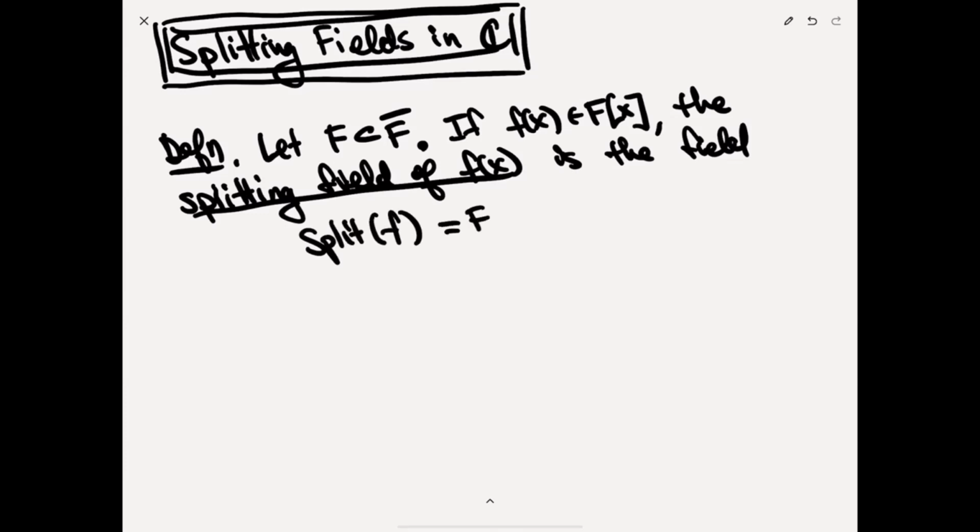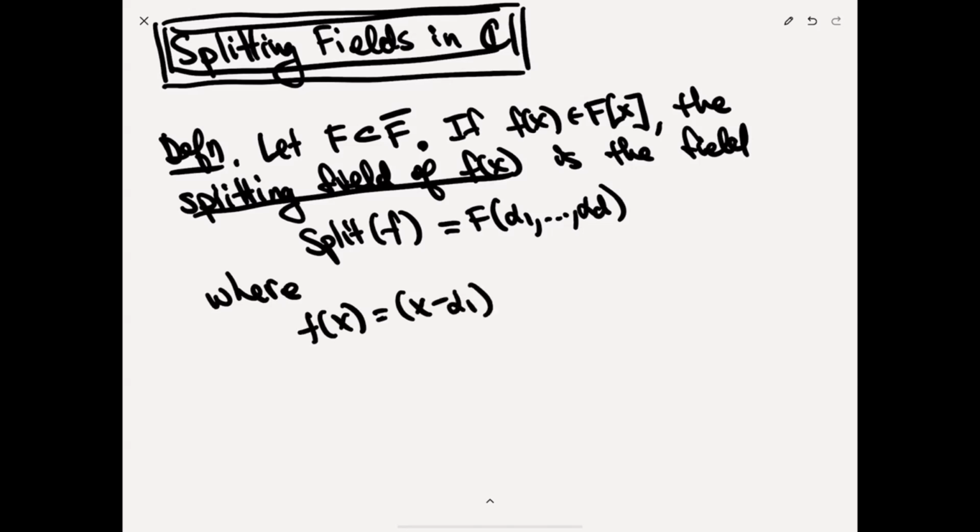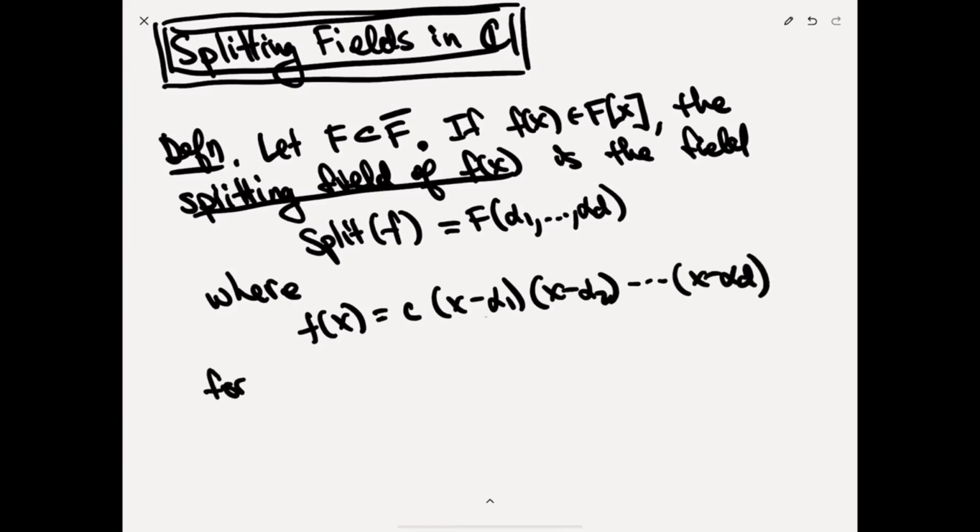And this is going to be F adjoin alpha 1 through alpha d, where we've factored it as some constant times x minus alpha 1, x minus alpha 2, x minus alpha d for alpha 1, alpha 2, alpha d in F bar.